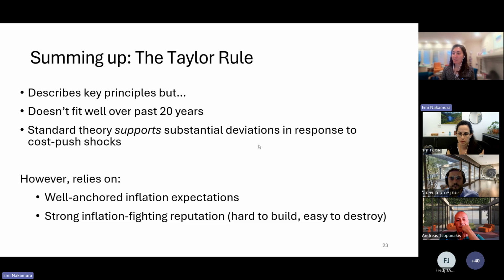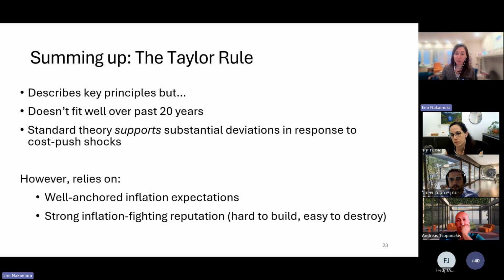And to sum up the message from the theoretical part of our paper, we asked the question, can you go beyond the Taylor rule and still be following policy justified by monetary theory? The answer is clearly yes, if you focus on optimal monetary policy with commitment.